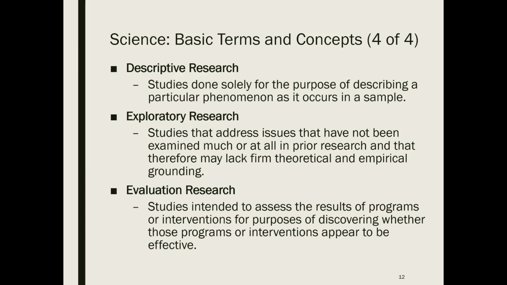And in social sciences, or particularly in criminal justice, we can broadly and briefly divide our research types into descriptive, exploratory, and evaluation research. Descriptive research is super simple. It's just describing something, okay?